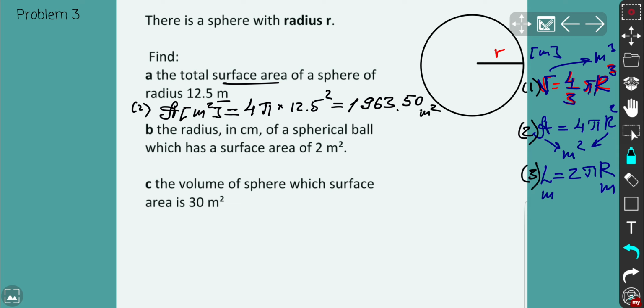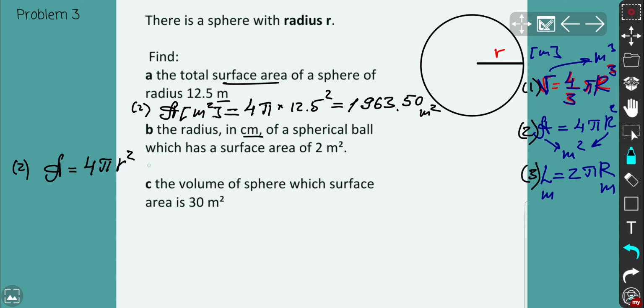All right, so here you need to find the radius in centimeters of a spherical ball which has a surface area of 2 meters squared. Again you're using formula 2, and right now I'm just going to write the formula first of all. So area is 4 pi r squared.